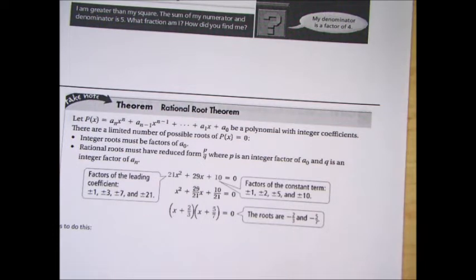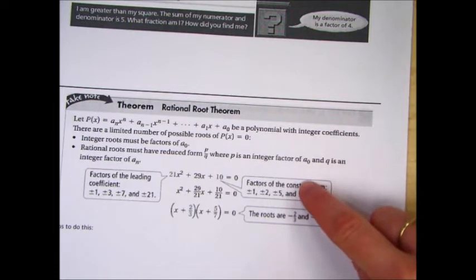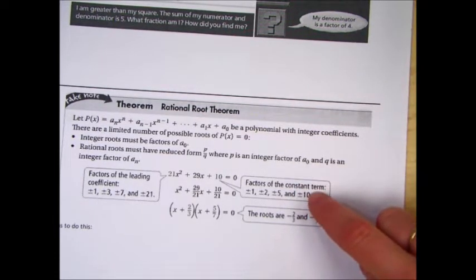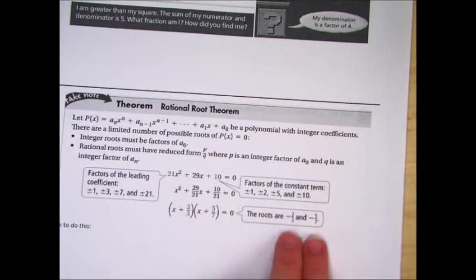Then you put them as P over Q, which I'll show you in a little bit, and figure out which ones equal 0. You put these factors over these factors, plug them all in, and see which ones equal 0. In this case, only 2 of them did.